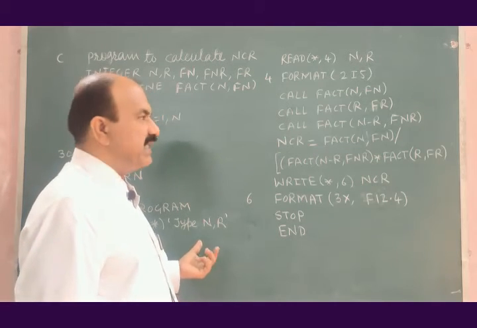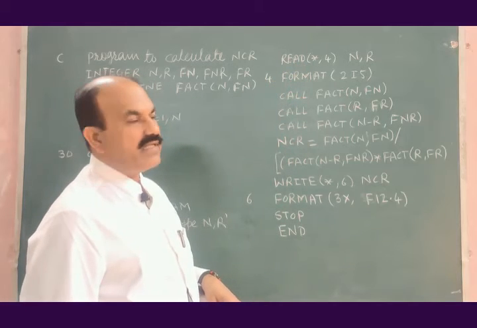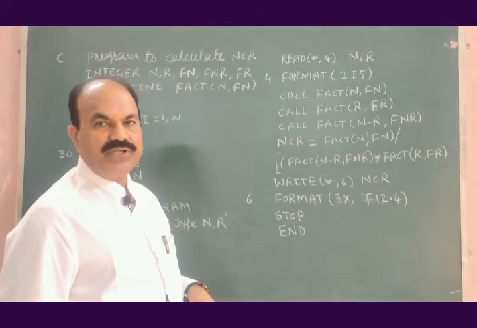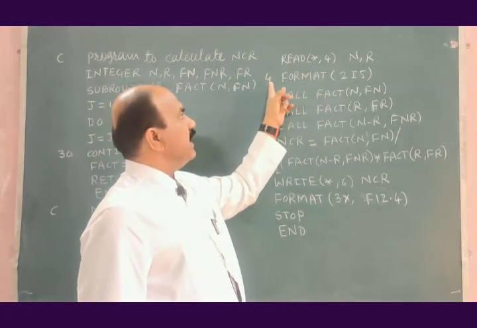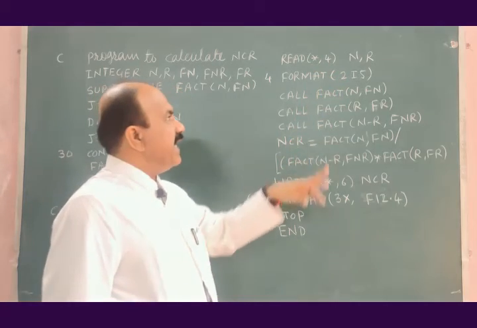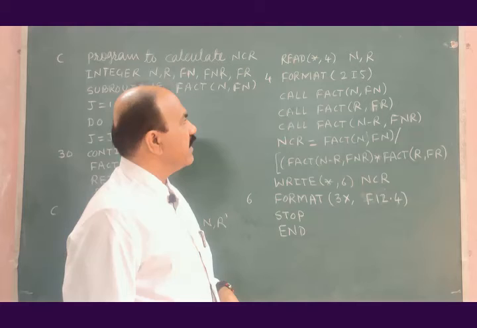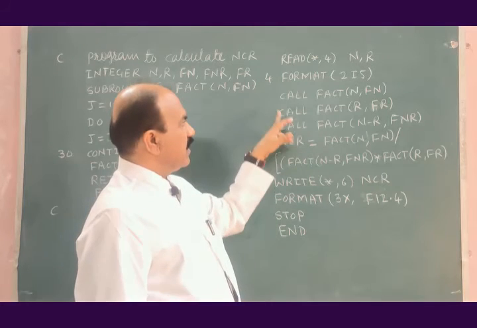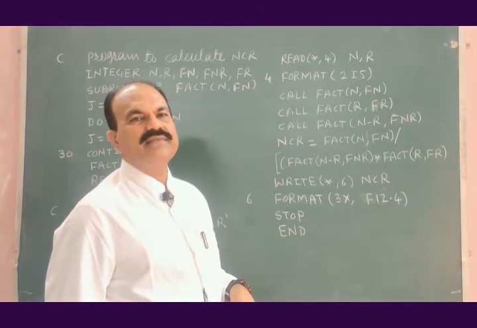Enter values of n and r. Read asterisk, input device is default input device, for the line number of format statement n r, and the format used for this is 2I5. Call fact n comma fn.